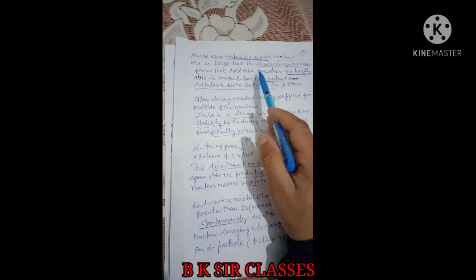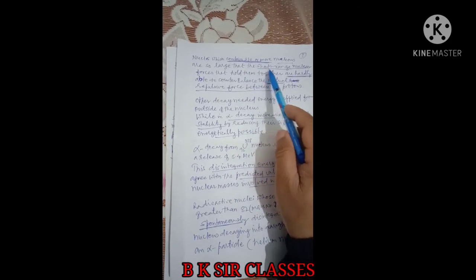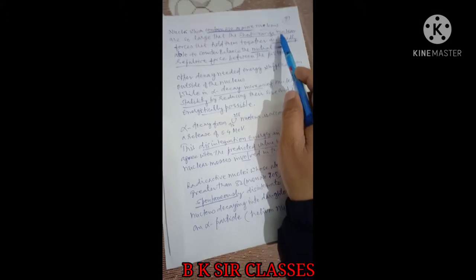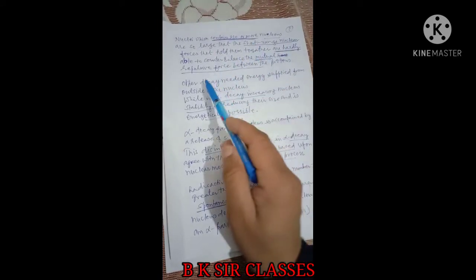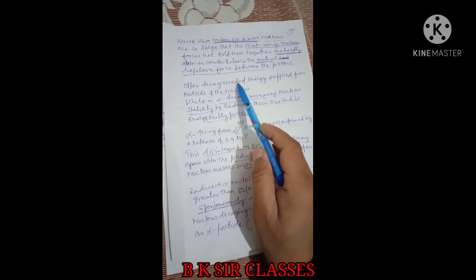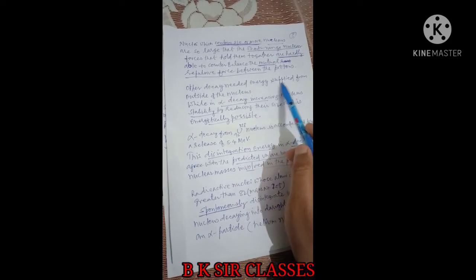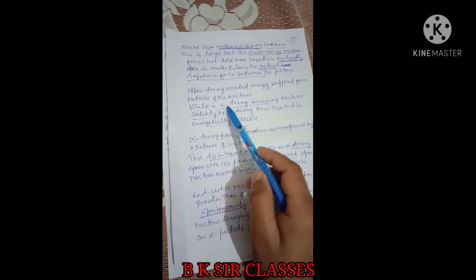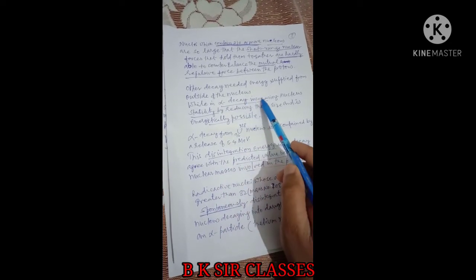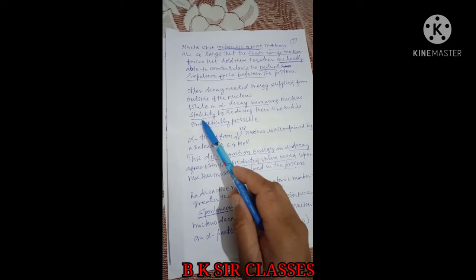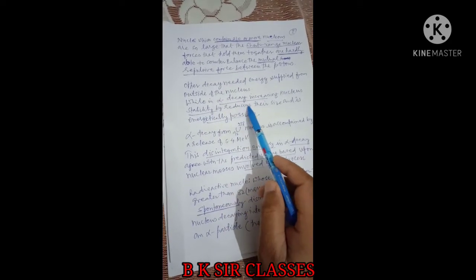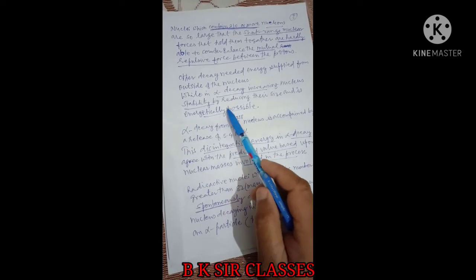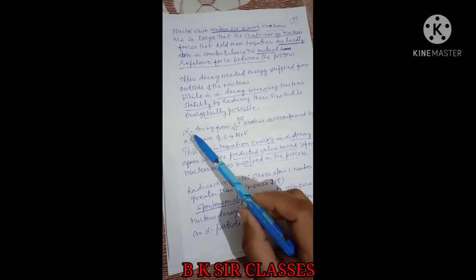Or you can say these nuclei come under the category of unstable nuclei. Other decays need energy supplied from outside the nucleus, while in alpha decay, the nucleus increases its stability by reducing its size, and it is energetically possible.